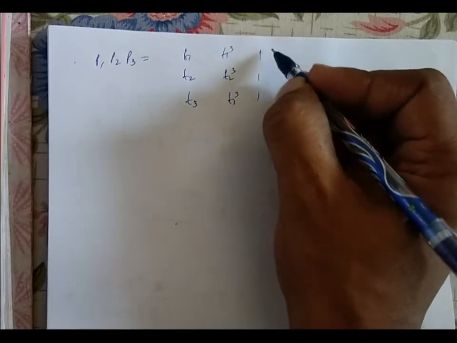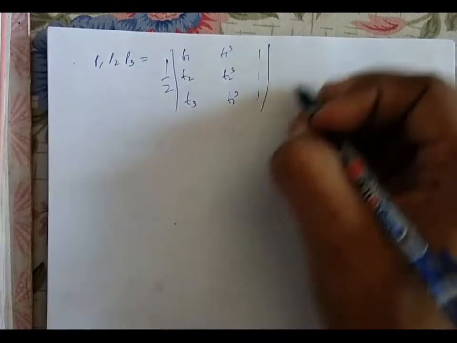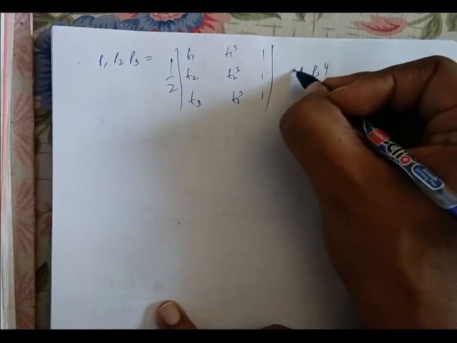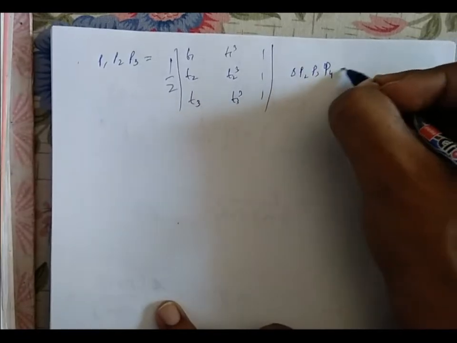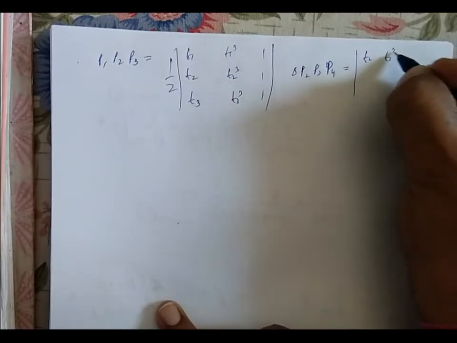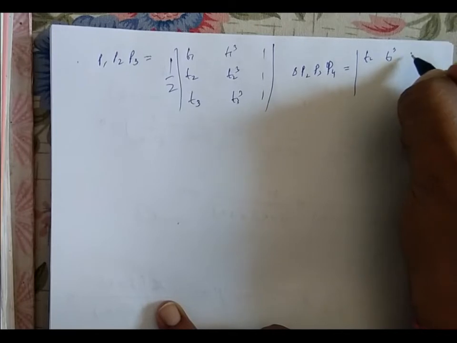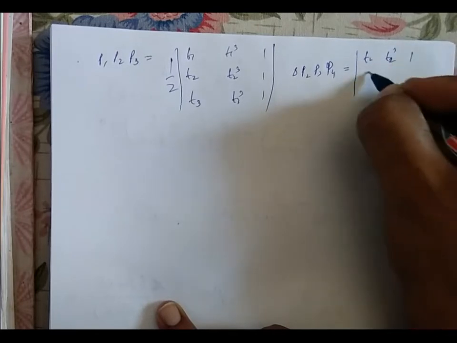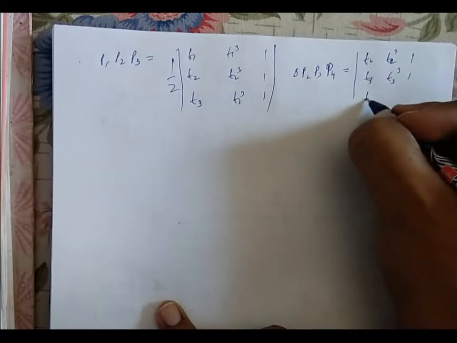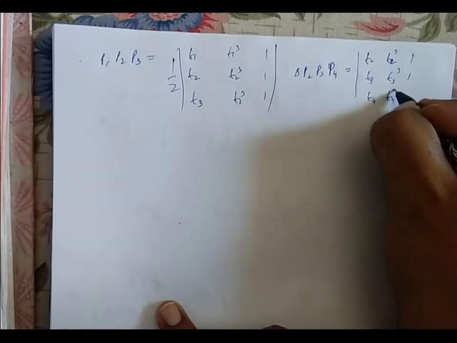And the area of P2, P3, P4 would be the determinant with rows t2, t2 cube, 1; t3, t3 cube, 1; t4, t4 cube, 1.